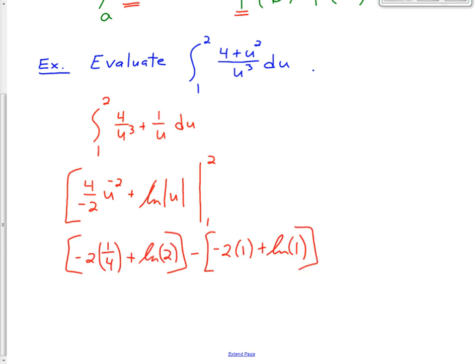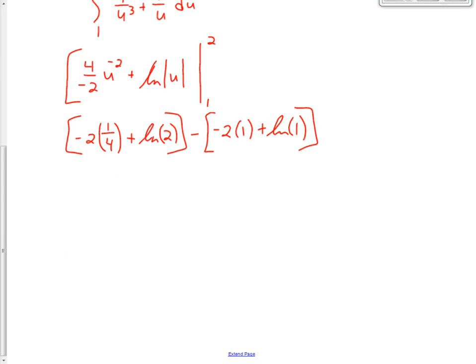The natural log of 1, remember, is 0. So that's going to give us negative 1/2 plus 2 plus natural log of 2 minus 0. So we're going to get 3 halves plus the natural log of 2.